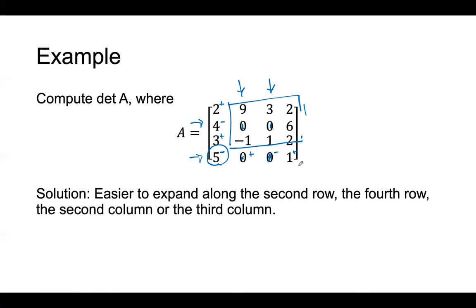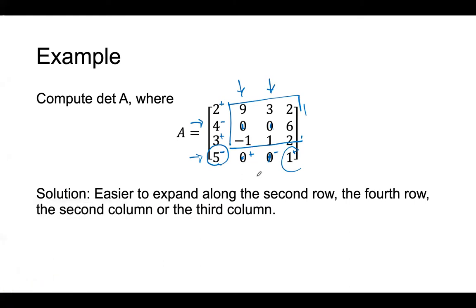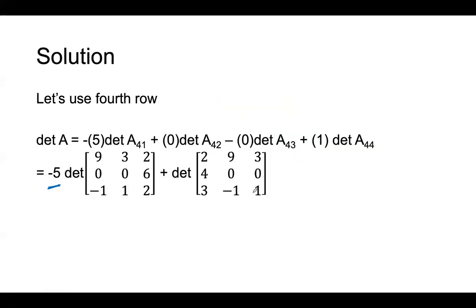Plus the next ones, which I'm color coding: these are zeros, so we can ignore them, because 0 times whatever the determinant of that submatrix is still going to be 0. And then we can compute this one times the determinant of this submatrix. So that's this part here.